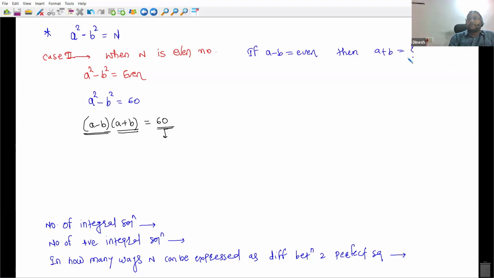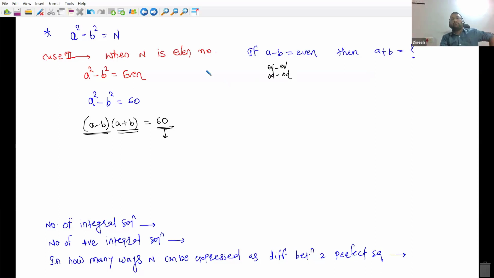If a minus b is even, then a plus b is going to be even or odd or both? Both? How both? a minus b is even.